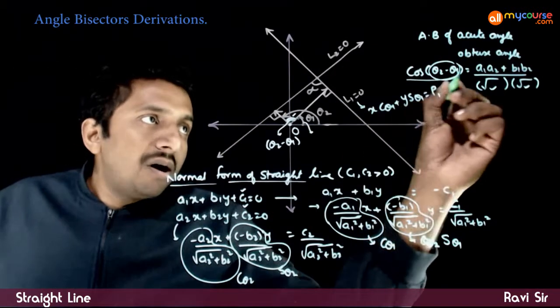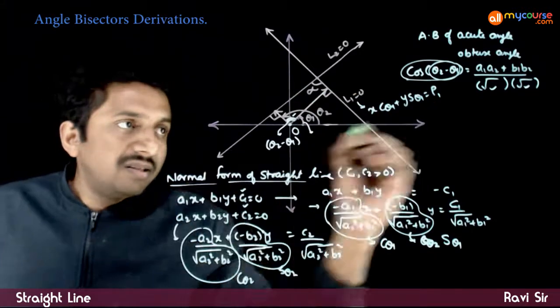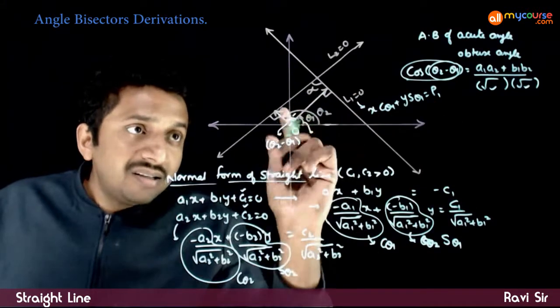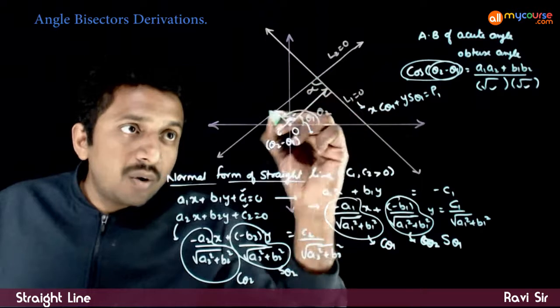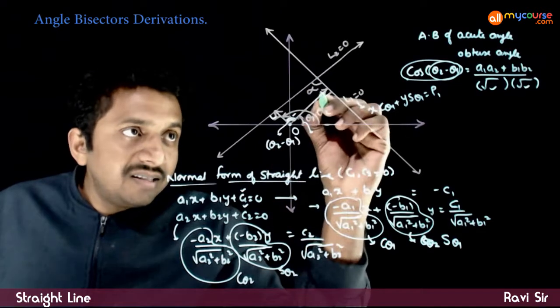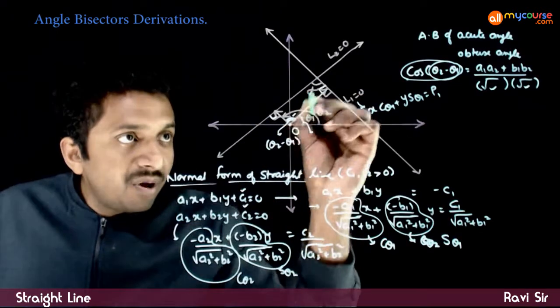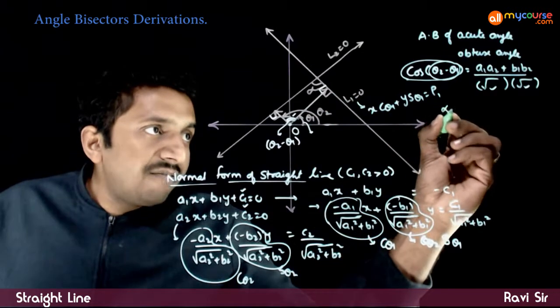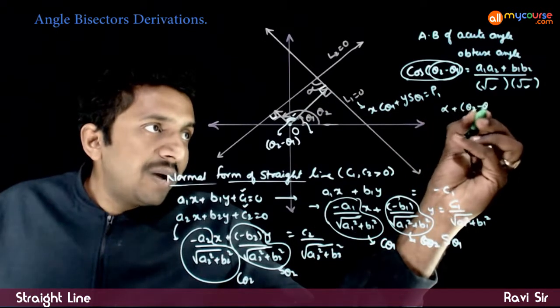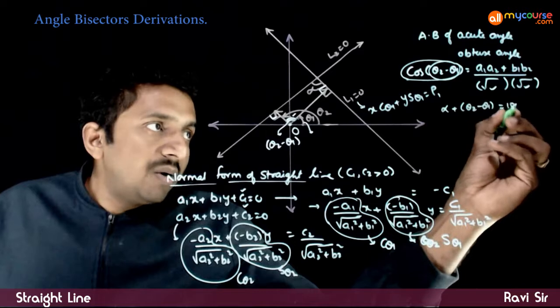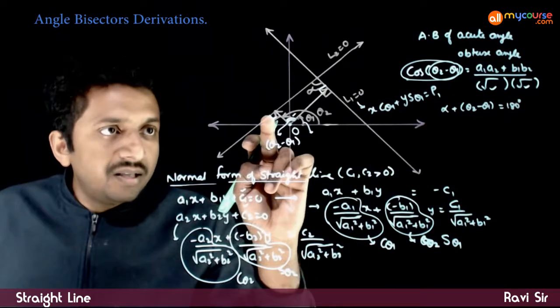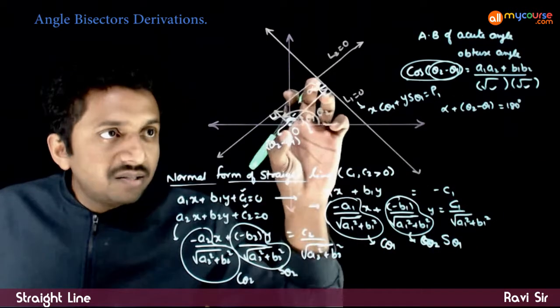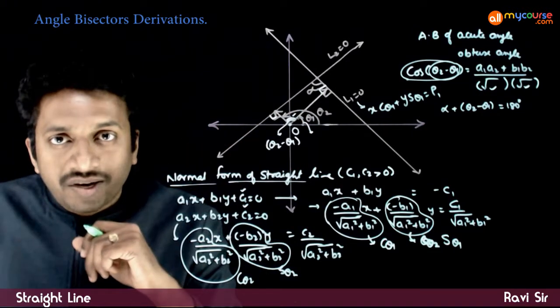Now, cos of theta 2 minus theta 1 is nothing but, if you see this quadrilateral, this angle is 90, this angle is 90. So the sum of these two angles, alpha plus theta 2 minus theta 1, has to be equal to 180 degrees. The sum of these two angles is 180. So the sum of these two angles should also be equal to 180.